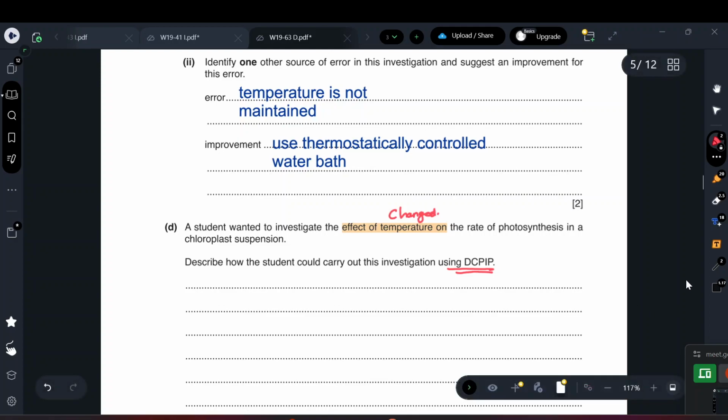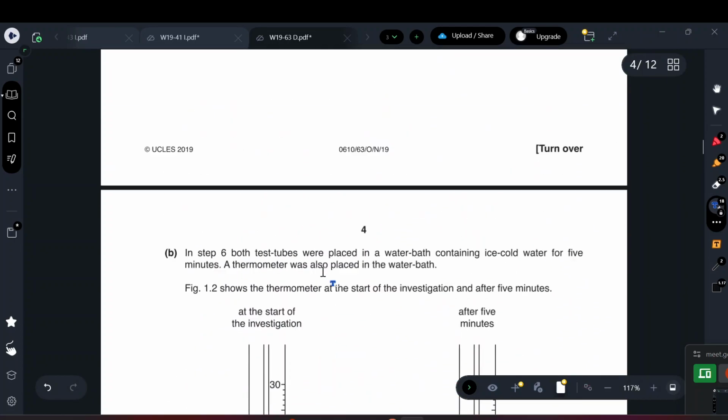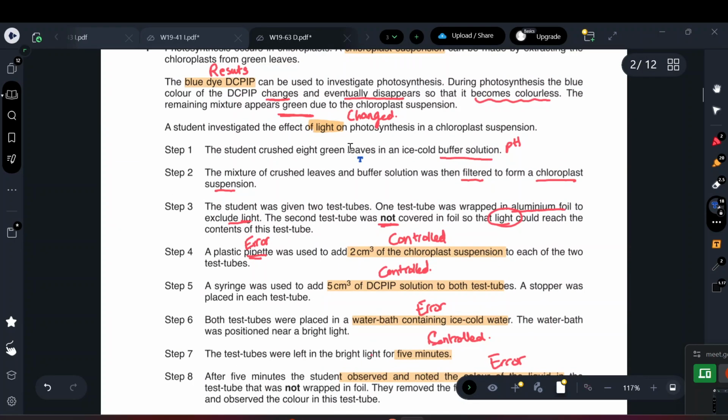I will follow my steps. The first step is replicates. How many test tubes are you going to use? Okay. Use 5 test tubes. What are you going to put in the test tubes? The chloroplast suspension, just like he did.